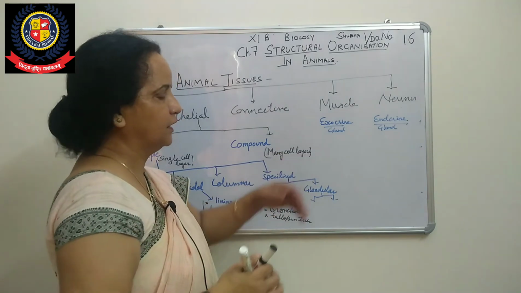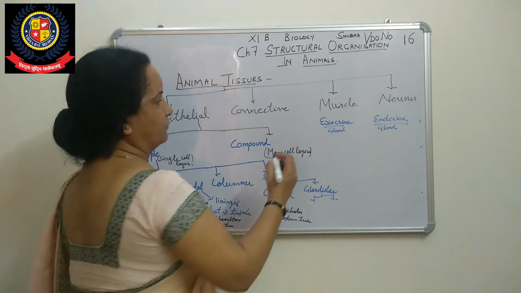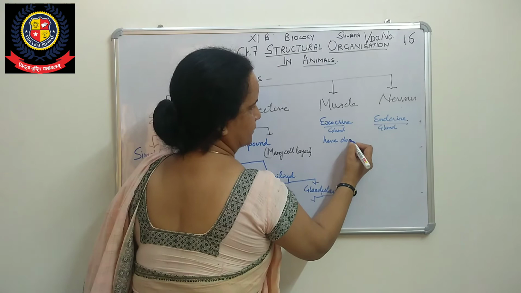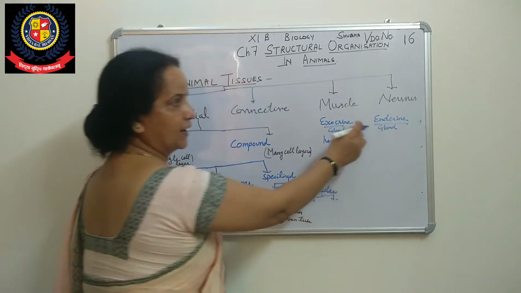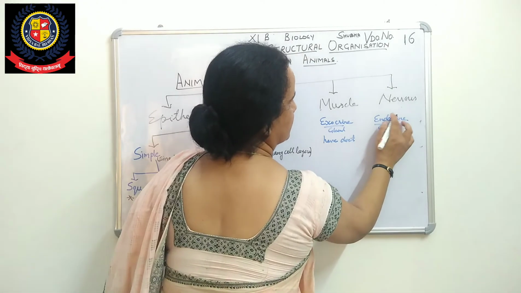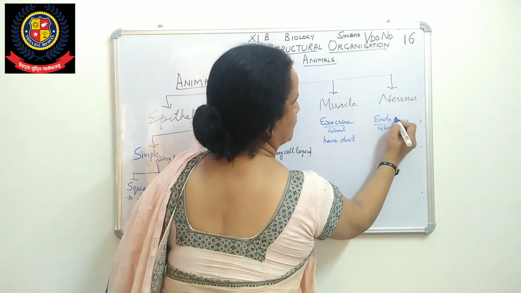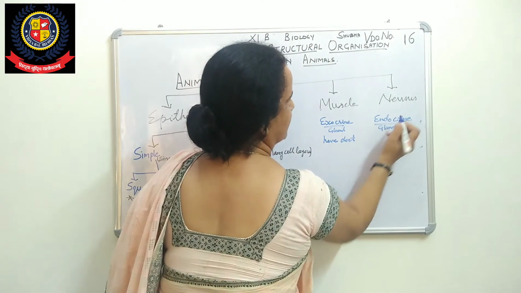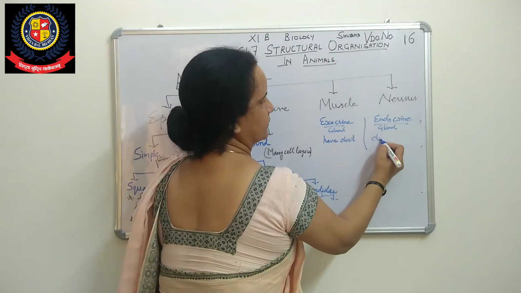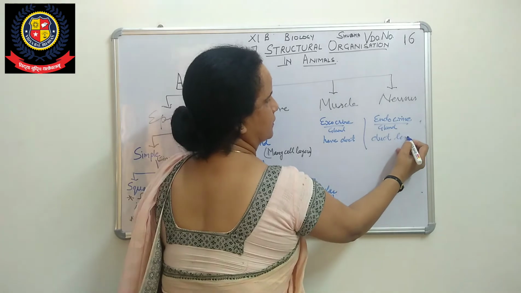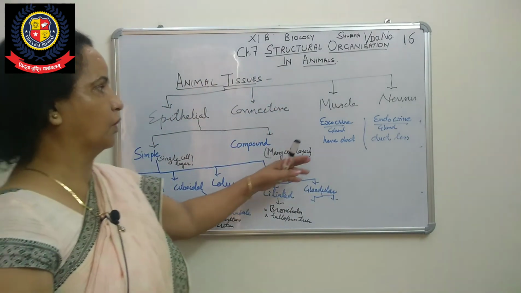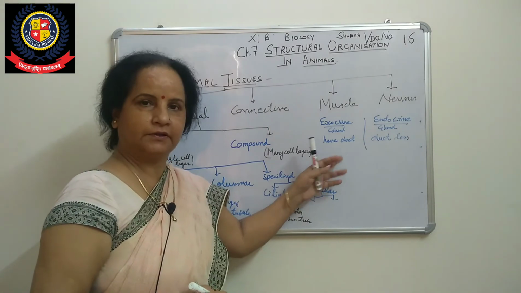These glands have ducts. Endocrine glands are ductless, without a duct, while exocrine glands have a duct.